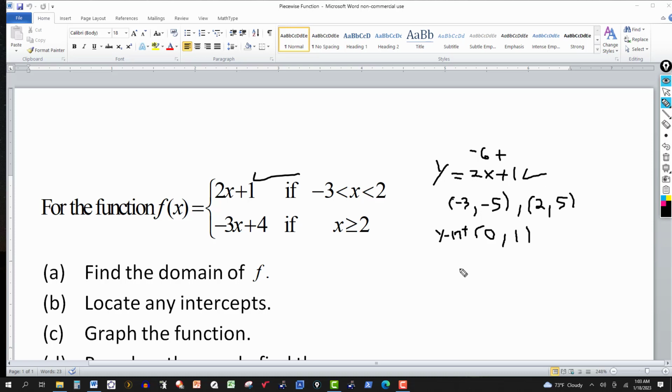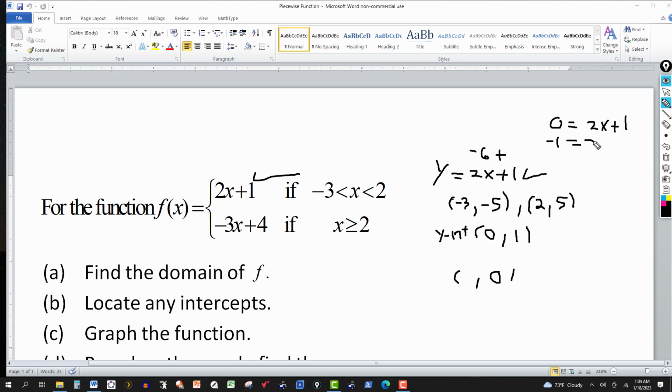Now let y be 0, and we can find the x-intercept. Let y be 0, so I get 0 equals 2x plus 1. Solve for x: add negative 1 to both sides.